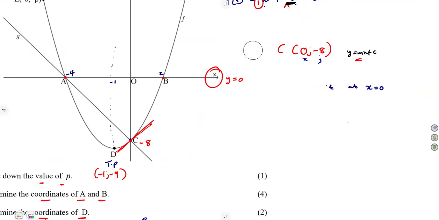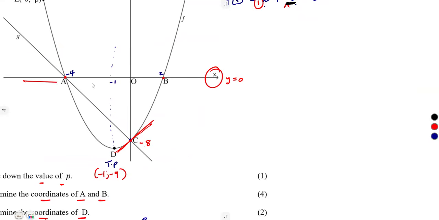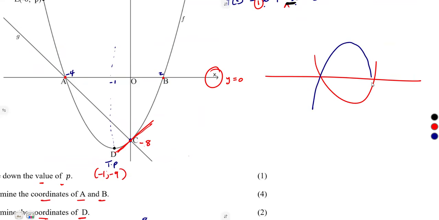Minus f of x means we are simply referring to a reflection in the x-axis. If you are given your f of x like this, if you reflect it to minus f of x, the y values will just change like this. So this will be the graph of y is equal to minus f of x.